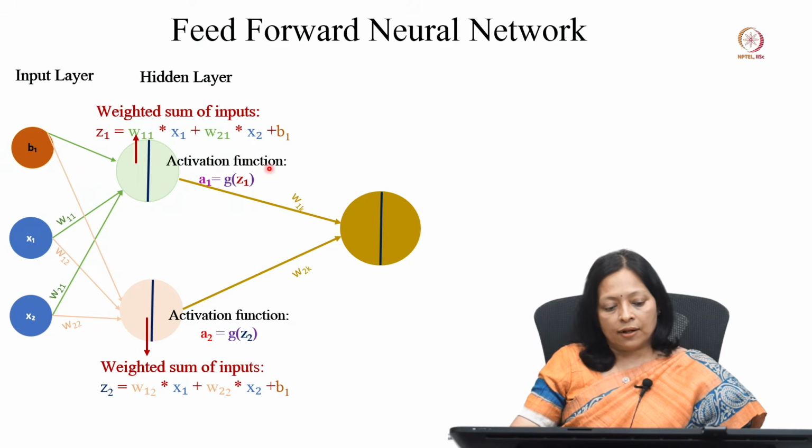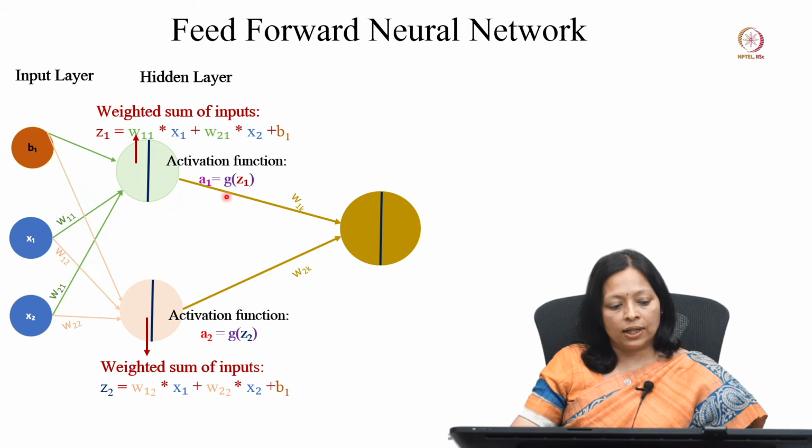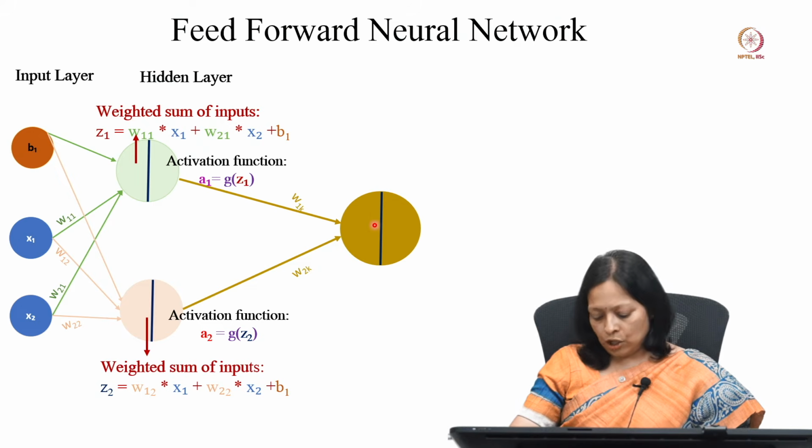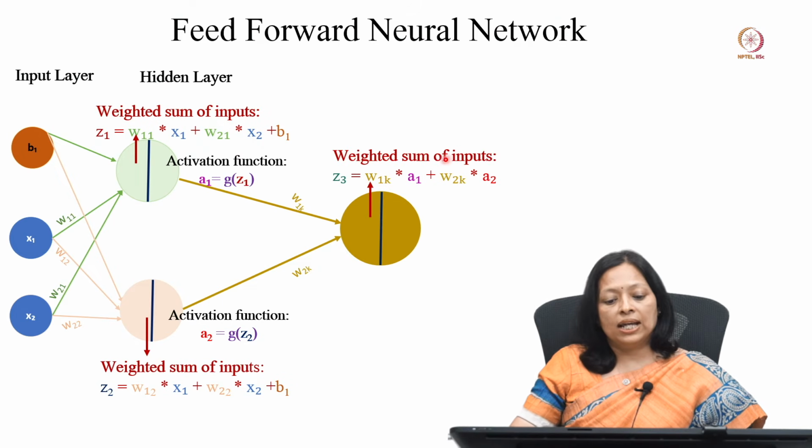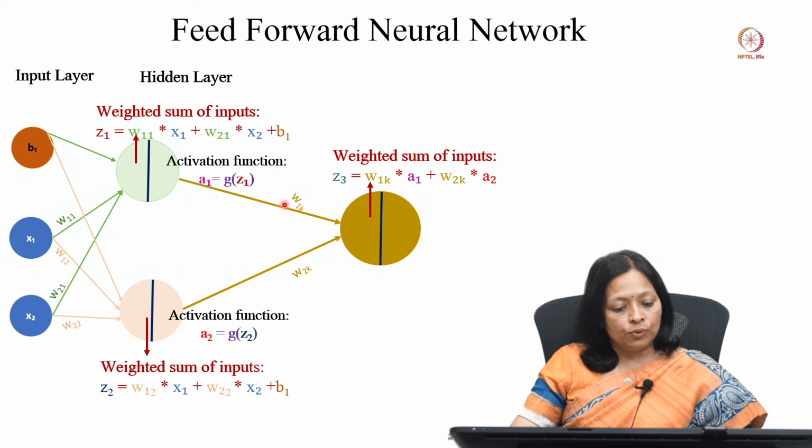Now, as I told, after the activation function works on Z1, we get A1 as the output, and this A1 is now going to the output neuron, and once again we have the weighted sum of the inputs, Z3 equal to W1K, which is the weight associated with this connection, into A1 plus W2K, the weight associated with the connection between the second neuron of the hidden layer and the output neuron, and we get the weighted sum of the inputs. In this case, no bias is taken here.